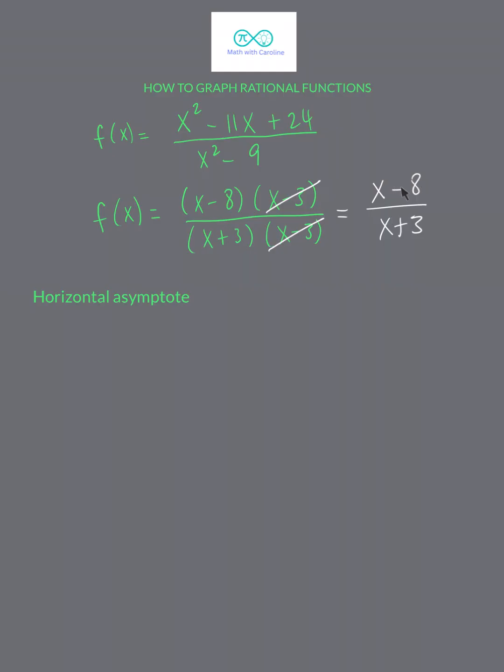If you just have a number, then your degree would be 0, or maybe you would still have an x squared left, and then your degree would be 2. So just look for the highest exponent of each polynomial. There are 3 things that could happen. Either the degree of your numerator is bigger than the degree of your denominator, or the degree of your denominator is bigger than the degree of your numerator, or the degrees are equal, like in this case. For each one of those scenarios, your horizontal asymptote will be different.